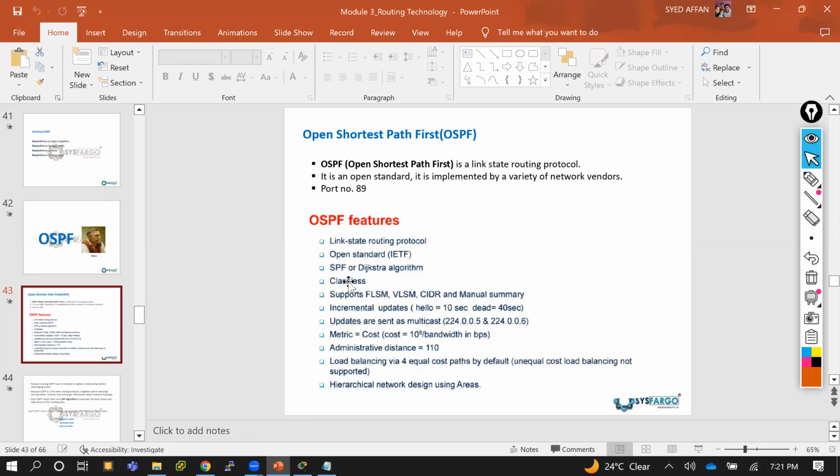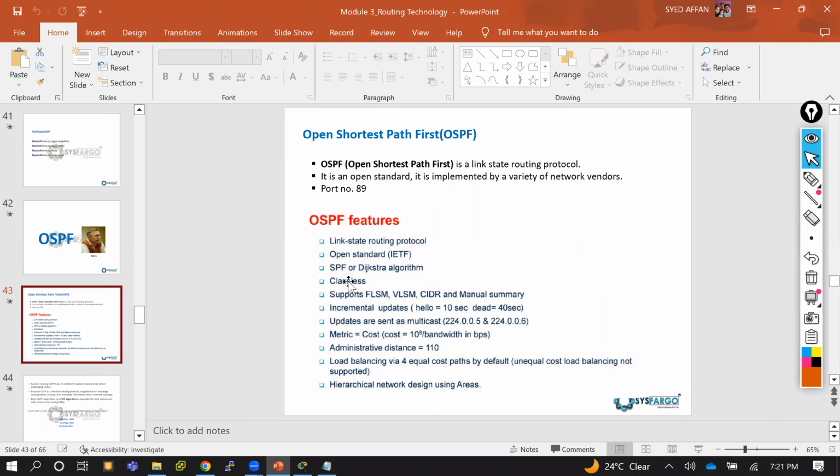If you remember, in subnetting, how many types of subnetting do we have? I am not asking how many classes we have.